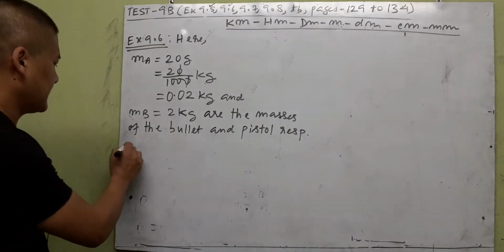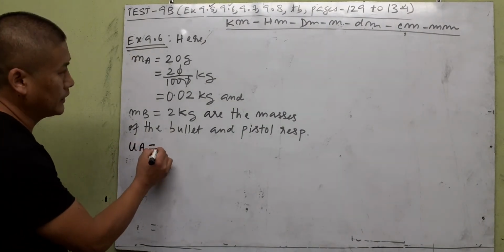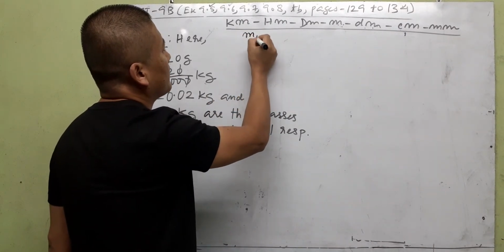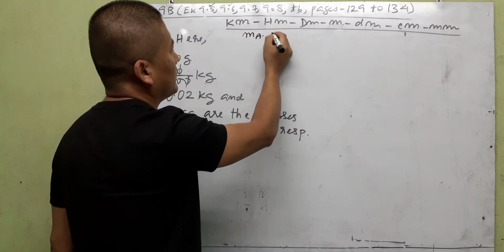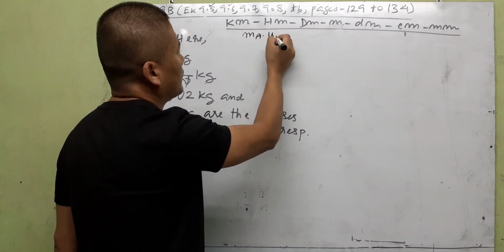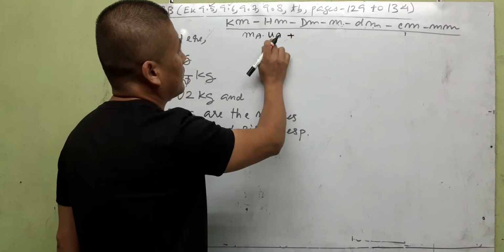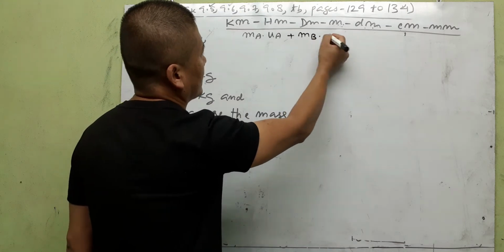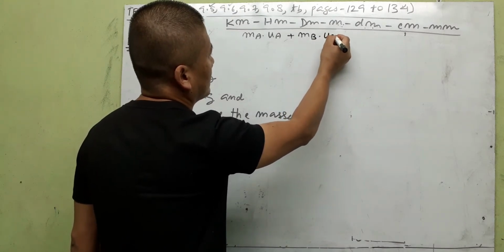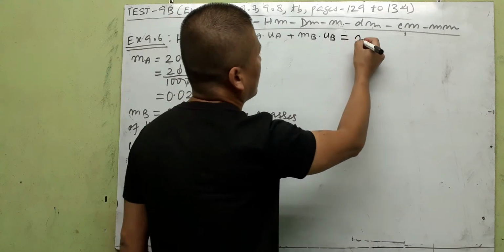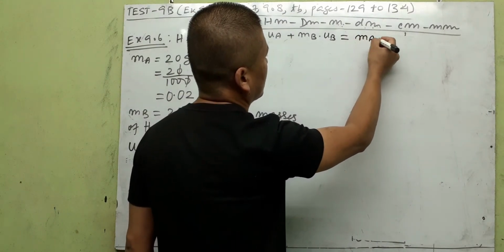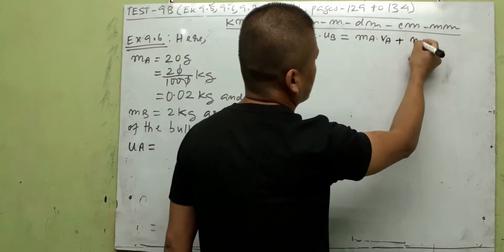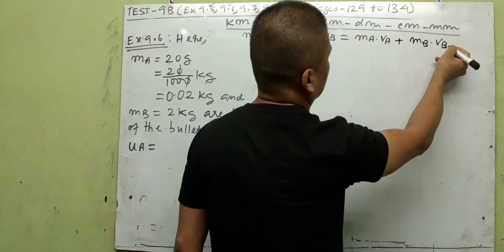Then let us write here, by common sense also we know UA. By now we know that we have to use the formula for momentum. Total momentum before collision or before interaction, MAUA plus MBUB, so initial, that's why we're using U, mass of the second object into initial velocity of the second object, is always equal to total momentum after: mass of the first object into final velocity of the first object plus mass of the second object into final velocity of the second object.